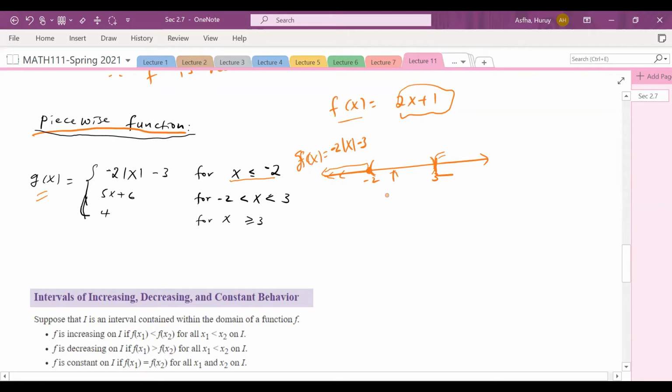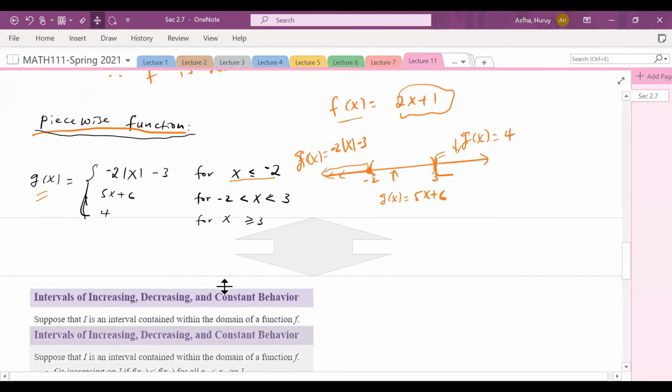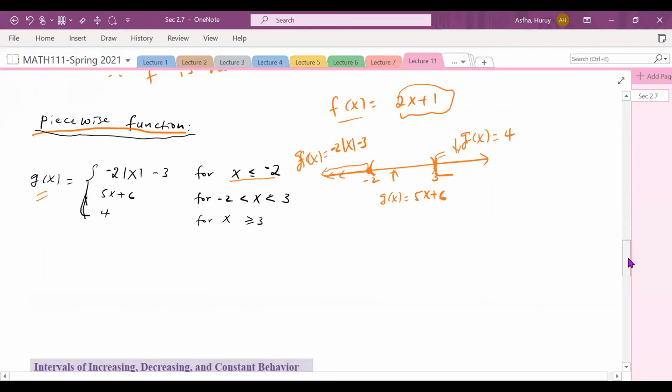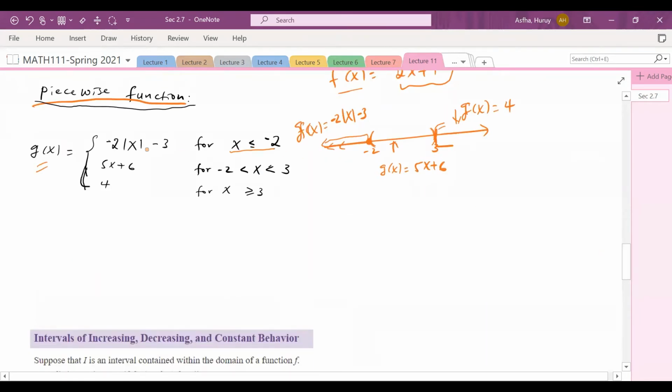Here, in this interval, g of x is 5x plus 6. And here, g of x is just 4. Okay, so these are what we call different rules. And that's why we call it a piecewise function, because we have one piece here, another piece, another piece. It could be more than 3 rules, or maybe just 2 rules.